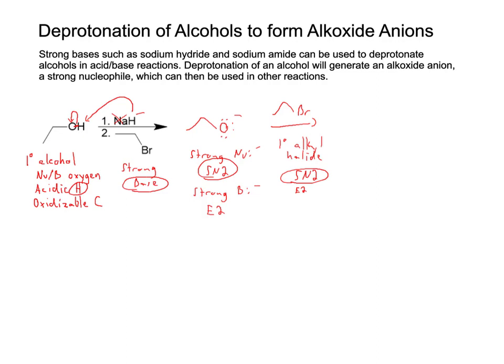We're going to draw our arrow from our negative charge to this electrophilic carbon on this primary alkyl halide in an SN2 reaction, and that's going to kick off this bromine leaving group. What's that going to give us? That is going to give us this oxygen, which is now bonded to 2 other carbons, and we have an ether as our final product in this reaction.